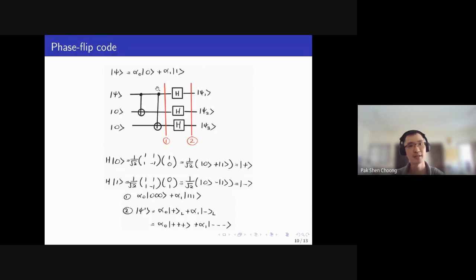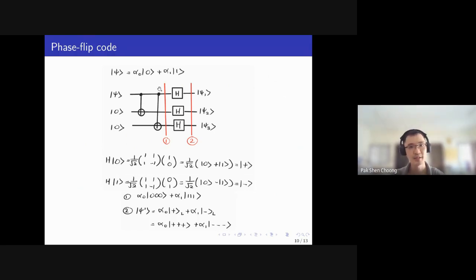Now the first part is the same thing as before, but if we want to have the phase flip code, then we just add Hadamard gates after this part. So what does the Hadamard gate do? The Hadamard gate just turns your 0 to plus, and your 1 to minus.